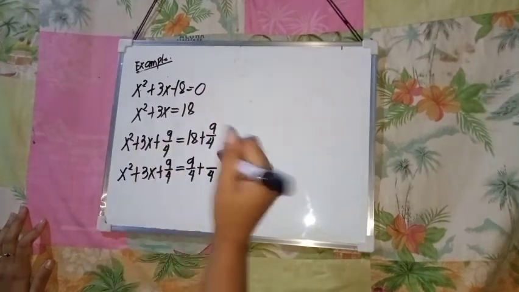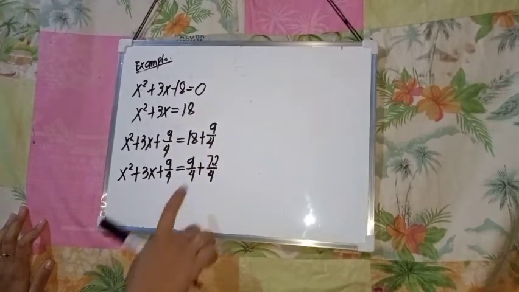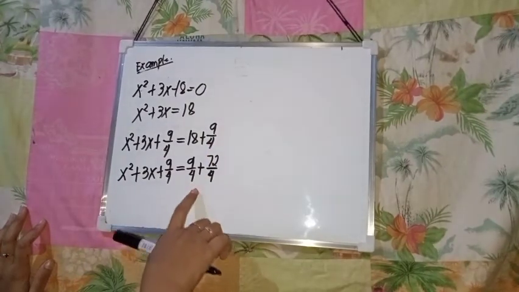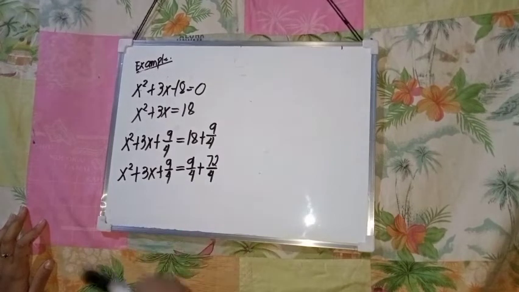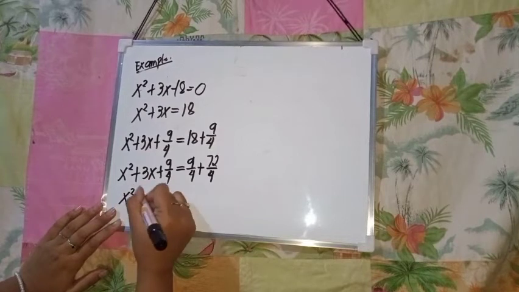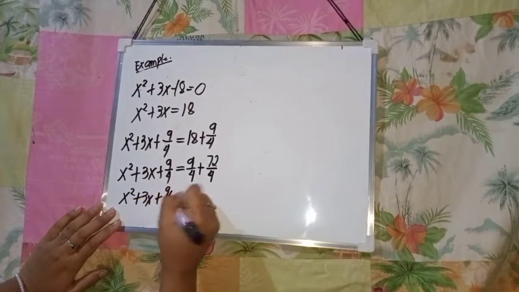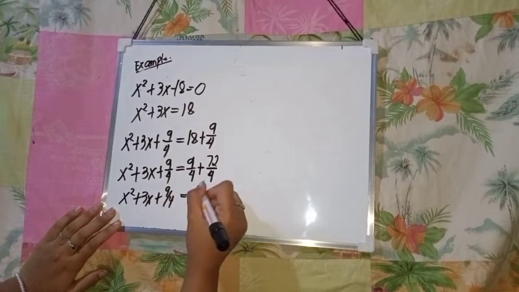So, 18 times 4 is 72. Now, they already have the same denominator, so we are able to add them. So, it will be x squared plus 3x plus 9 over 4 is equal to 81 over 4.